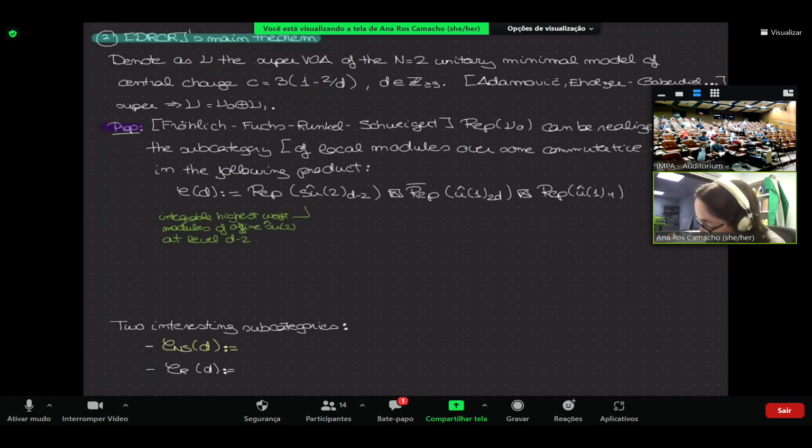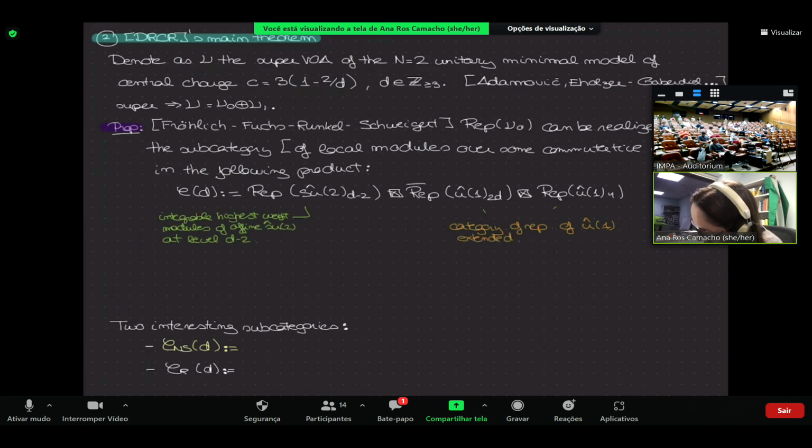And this second one, this is the category of representations of U1, the VOA associated to U1, extended in some way.